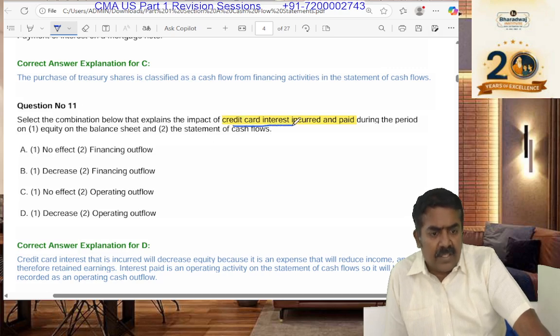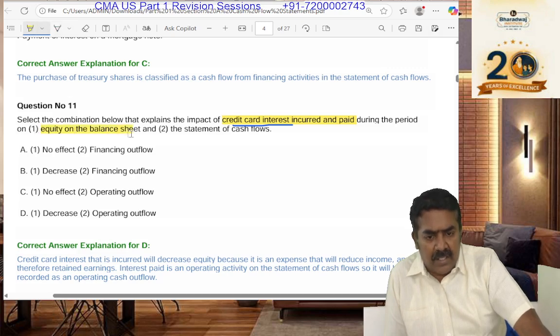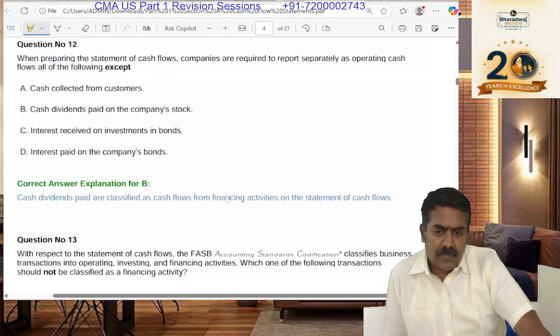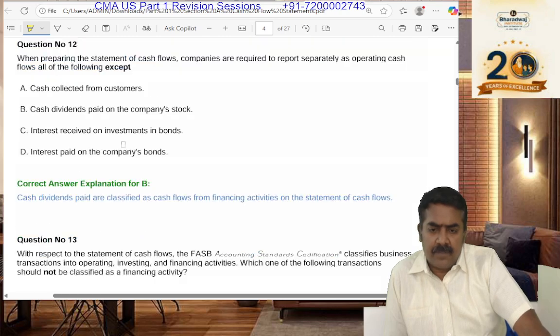Payment of interest will decrease your net income, which will decrease your retained earnings. Equity will reduce, and it is an operating outflow. Of course, net income reduces, retained earnings will reduce.